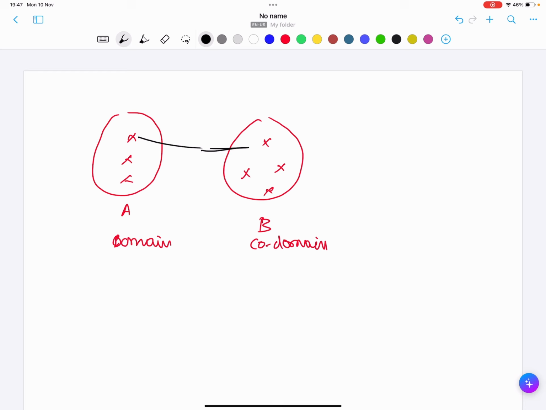You see here, all are mapped to one particular element. We call it a constant function. This is a specific constant function. Once you understand what a function is, you can see the types of functions. This is the diagram way of representing functions.